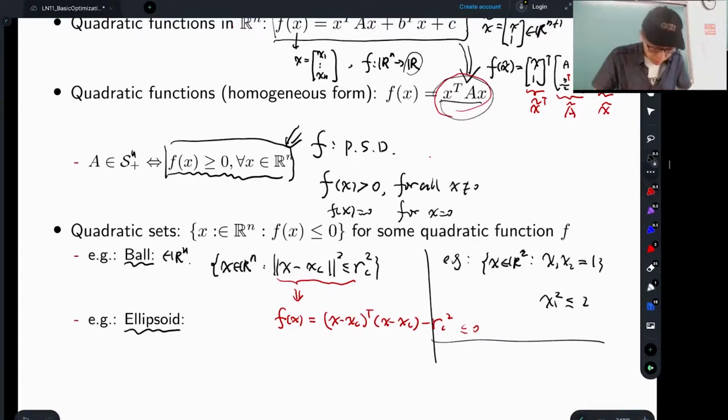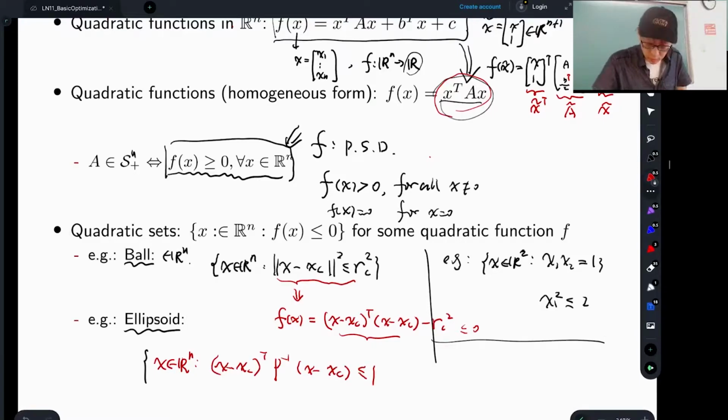Okay, that's the ball. An ellipsoid is a linear transformation of a ball. Basically, that's what it means. If you write the ball down like this, then I can write the ellipsoid as (x minus xc), where xc is the center of the ellipsoid, transpose times P inverse times (x minus xc) less than 1. That's typically the ellipsoid.